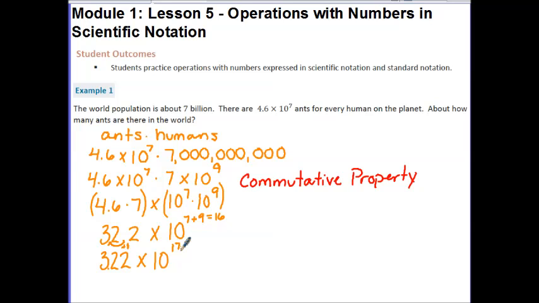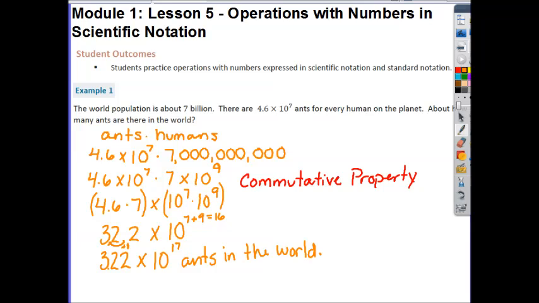That's a lot. So my final answer here is going to be 3.22 times 10 to the 17th ants in the world. Okay, notice I gave a worded answer to give the context of this word problem.